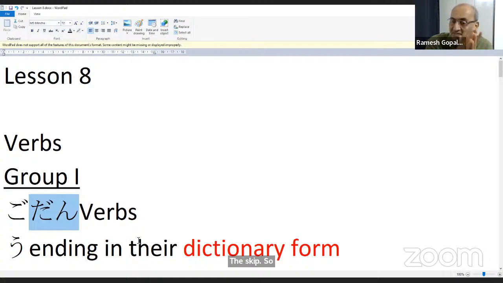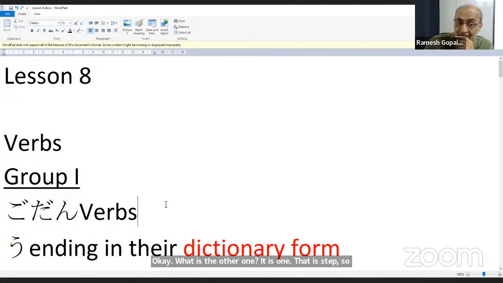So Godan is 5 steps. What is the other one? Ichidan. Ichi is 1. Dan is step. So 1 step. So group 1 verbs are Godan verbs. Now why are they called Godan?